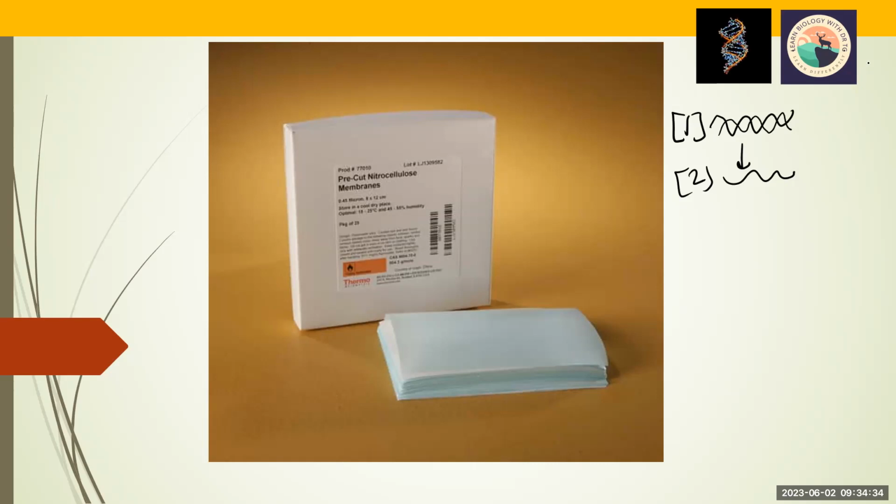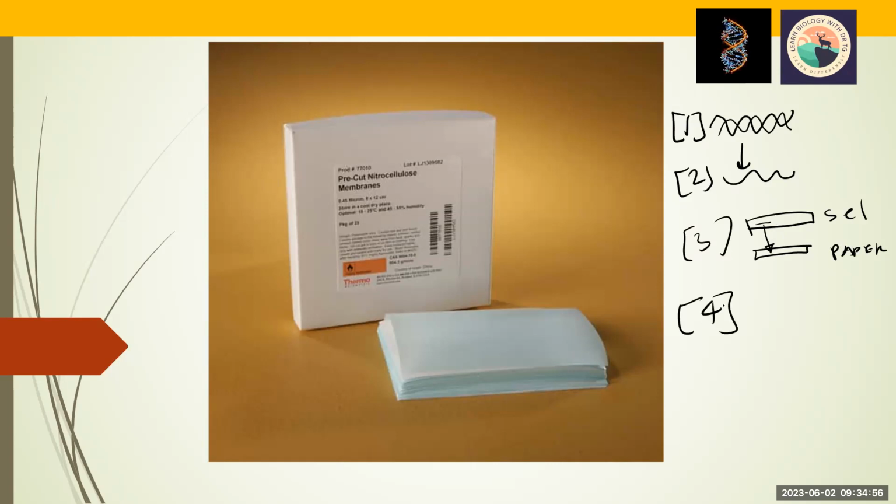Then after that, we go to the next level. That is the gel, and that's the paper. So we're going to transfer this single-strand DNA to this nitrocellulose paper. For that, we're going to use a simple method, the capillary action of water.